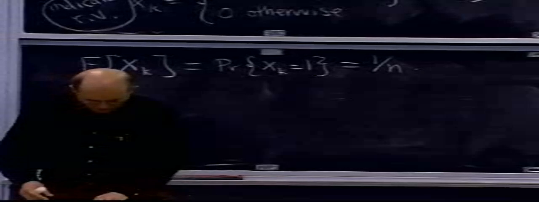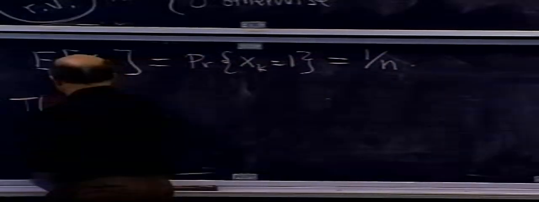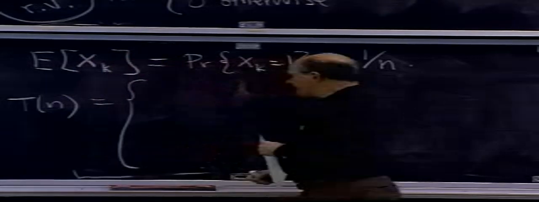Okay, so now we can write a formula for the recurrence for the time of n. First I'm going to write it as a big case statement, and then we'll simplify it a little bit.